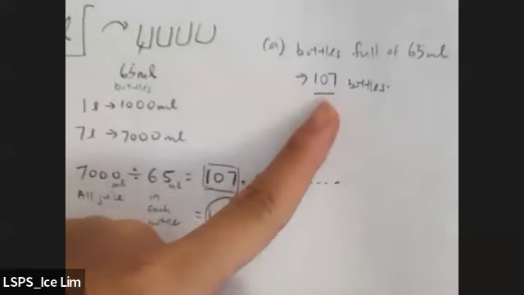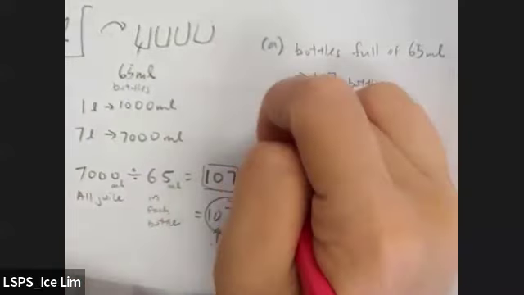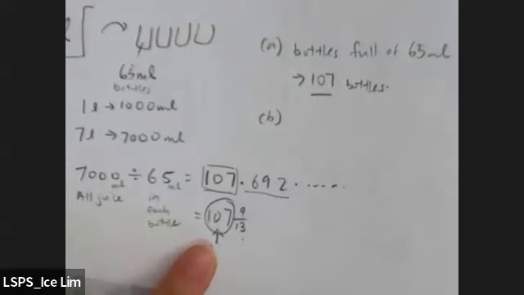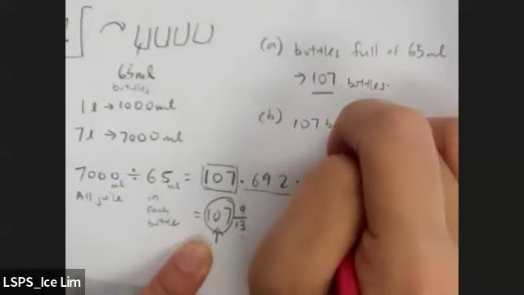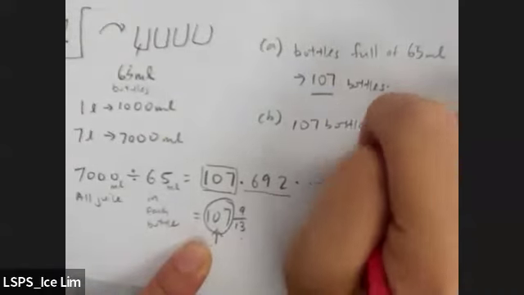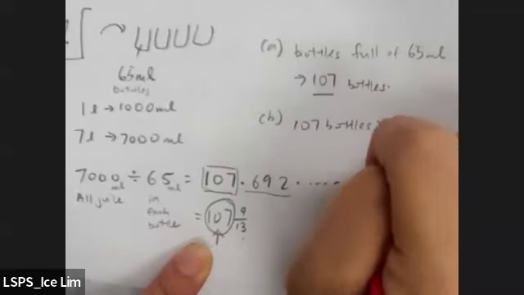I'll take this whole number and I go to B. So actually it's 107 bottles. If I take 107 bottles, I multiply by 65 milliliters each.